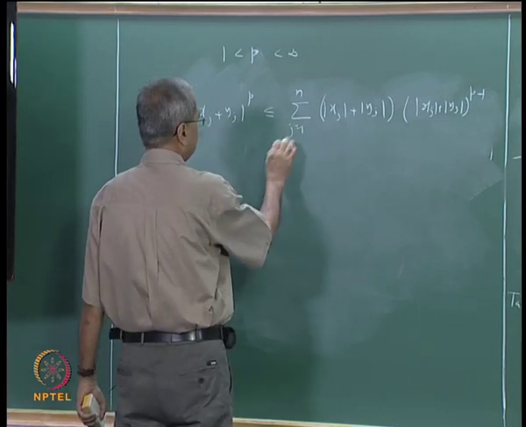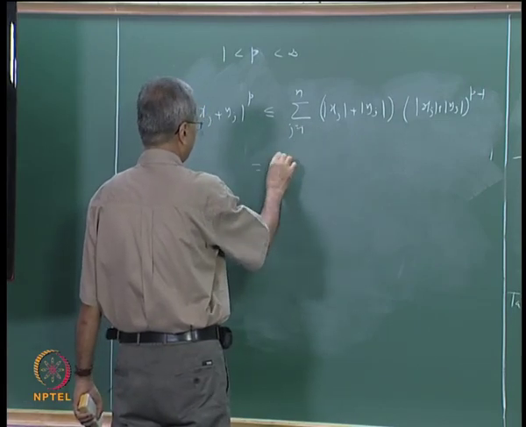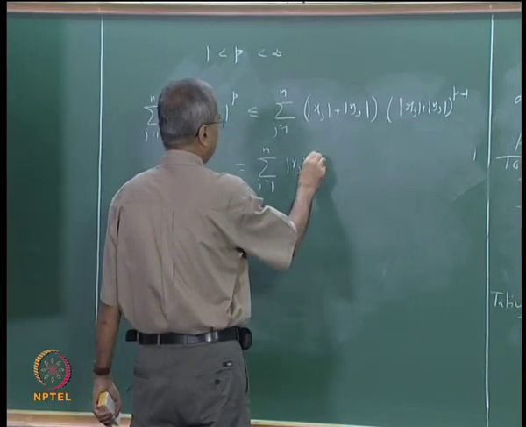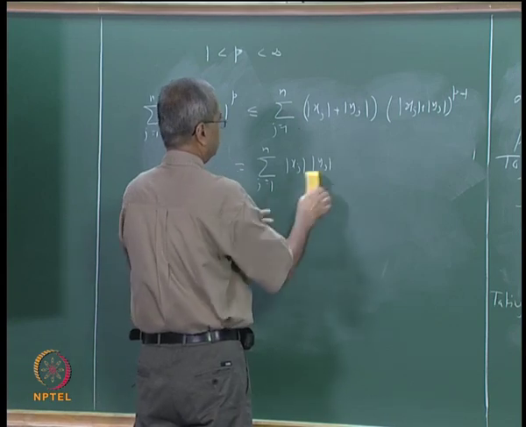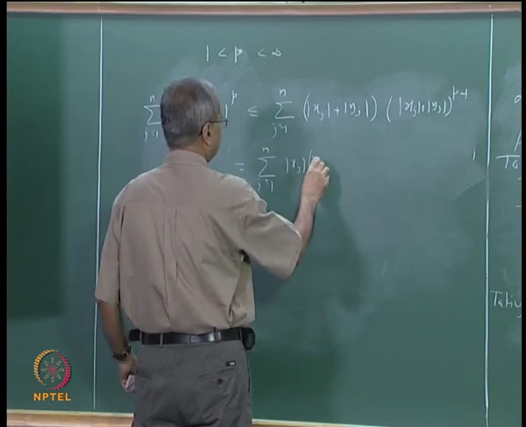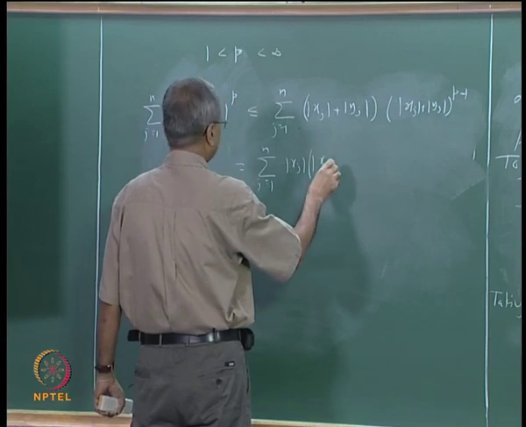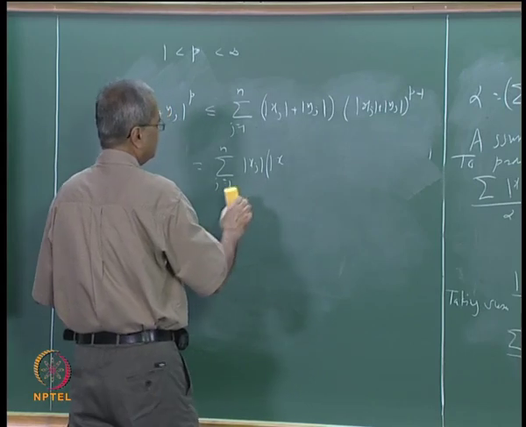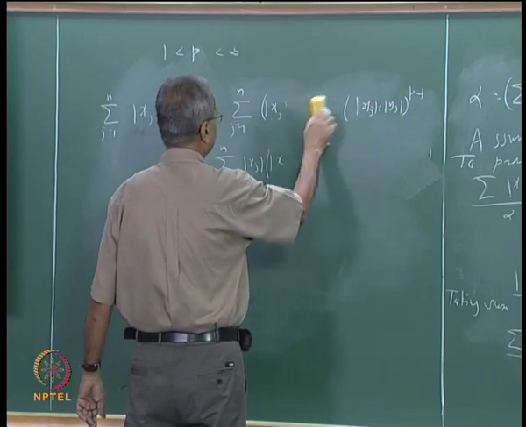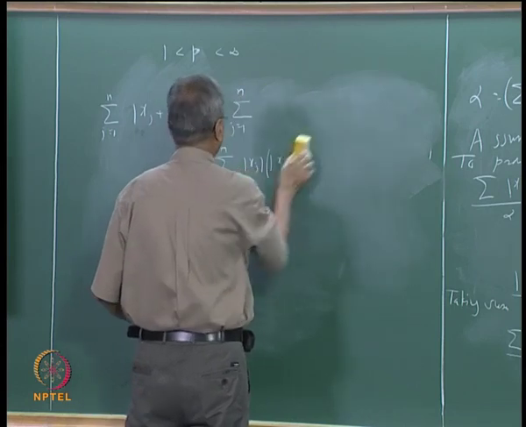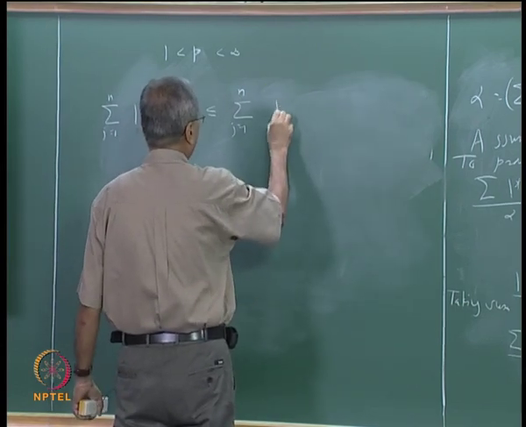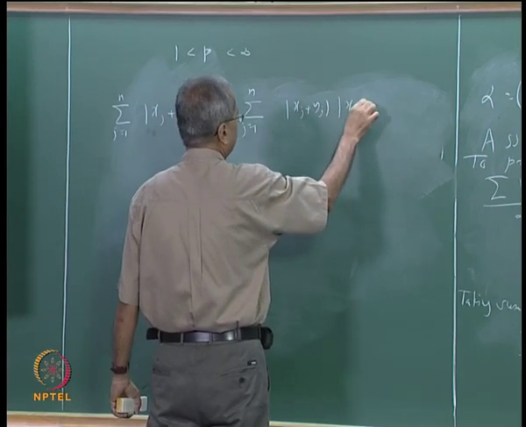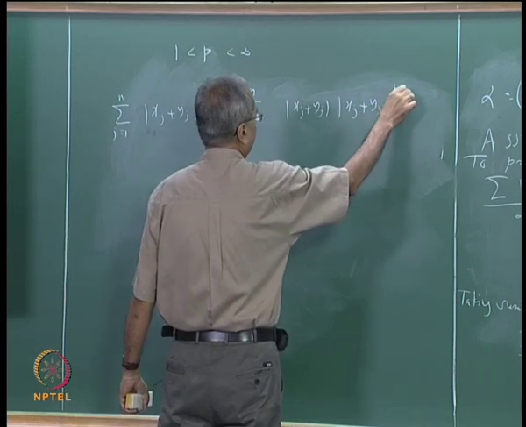So this is the same as sigma j going from 1 to n, mod xj plus yj into mod xj plus yj to the power P minus 1.